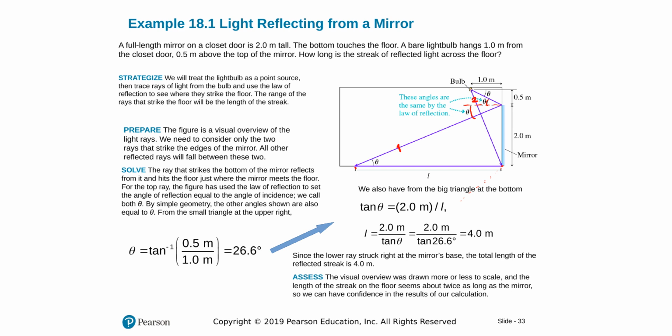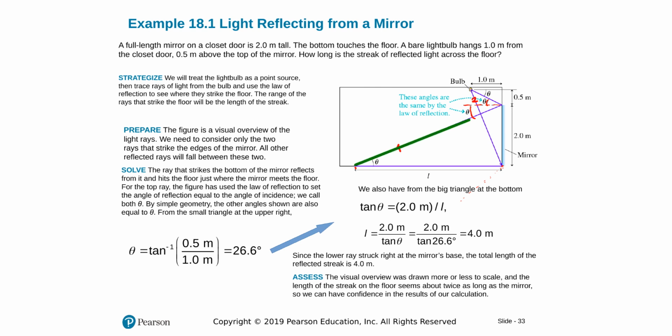The question is asking us, what is this distance? What is the distance from the mirror to here, where the first light ray hits? And we will use geometry. And right away I can see that if I look at this triangle here, let me redraw the triangle with a different color.